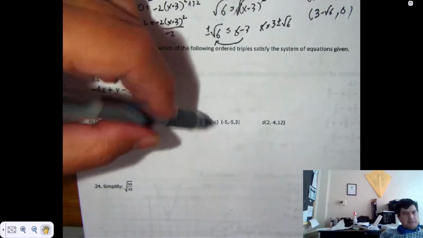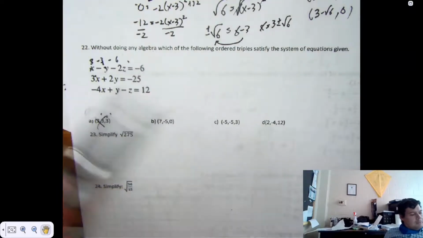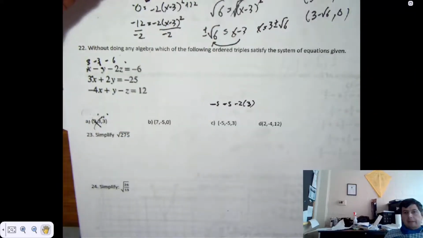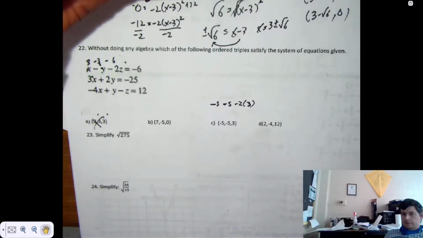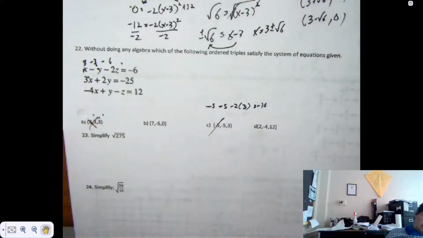Part of me thinks the answer is C, so I'm just going to check C real quick. If I plug in C, I have a -5 minus 2 times 3. Okay, I guess I was wrong, wasn't I? Because that is -16. Gone. How about I check D?